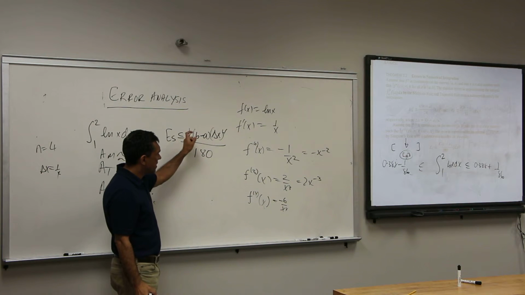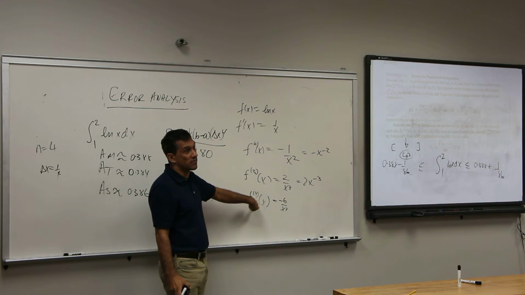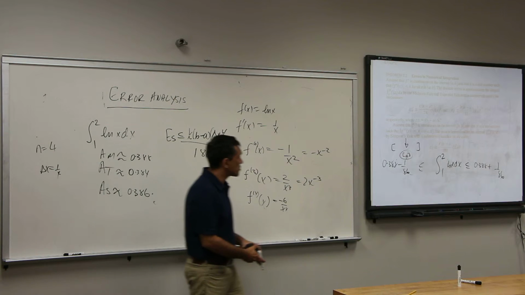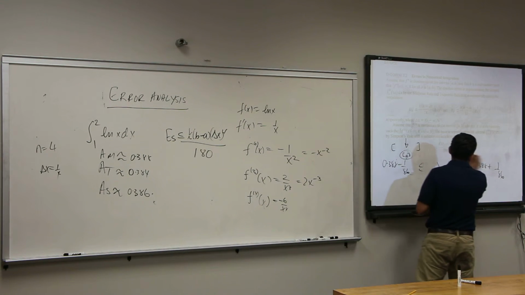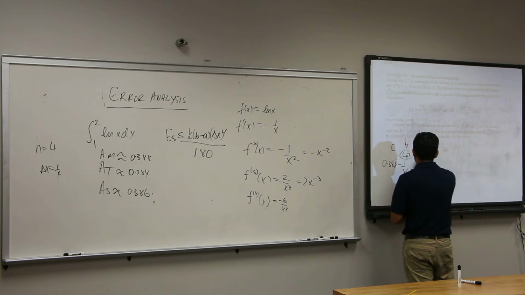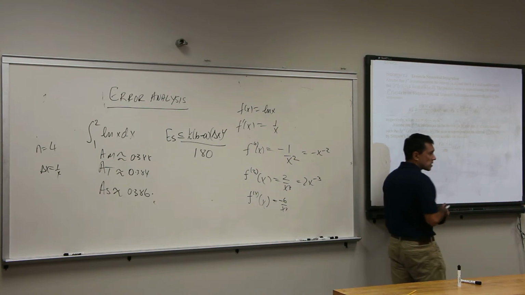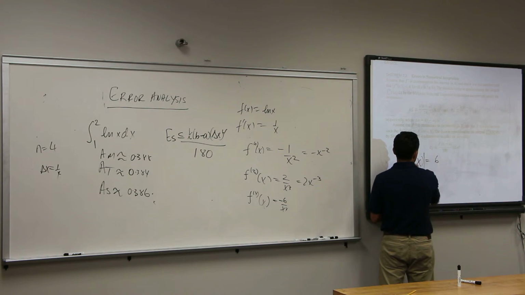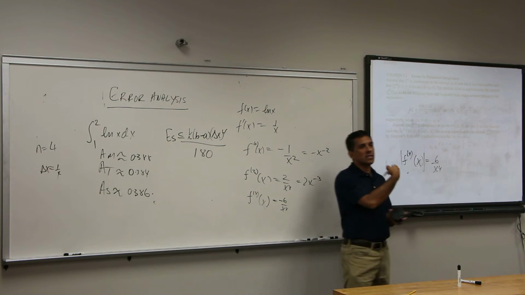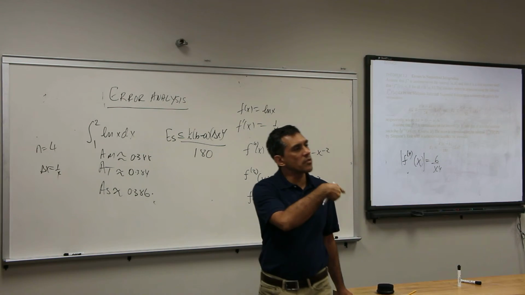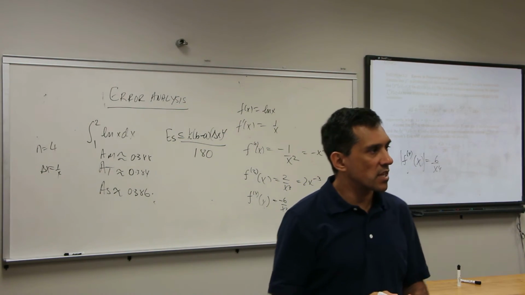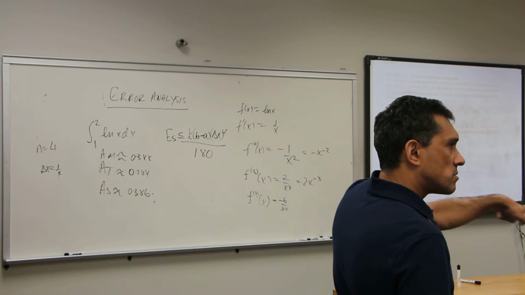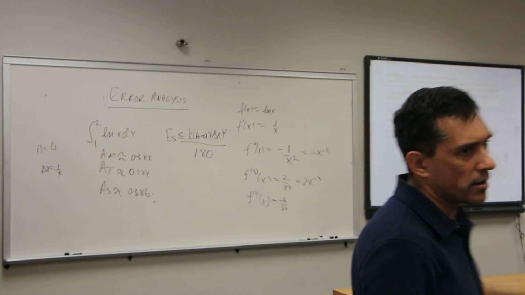This is still 1. Now I need a bound on the fourth derivative. The fourth derivative in absolute value is 6 over x to the power 4. You want to know the maximum of that on the interval 1 to 2. And again, this is a decreasing function, so the maximum is at x equals 1.